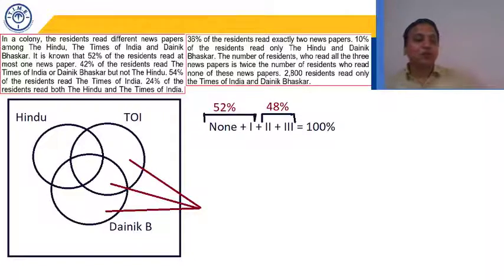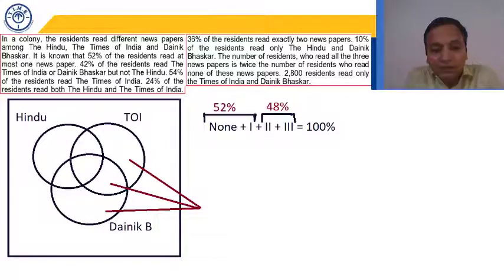Their sum has to be 42%. So we can safely say these three add up to 42%.